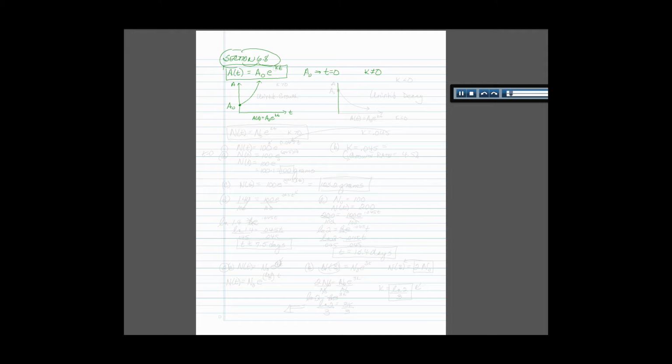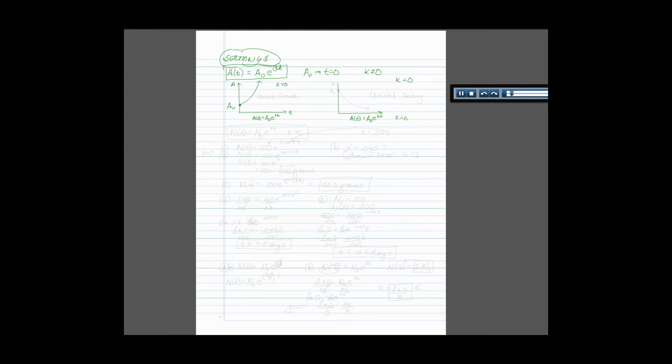In the same manner, you can have uninhibited decay. And that is when the k, right here in the equation, is less than 0. This one was when the k was greater than 0. So it's still a graph of the same equation, A of t equals A sub naught e to the kt, but k is less than 0, so it's a negative number.